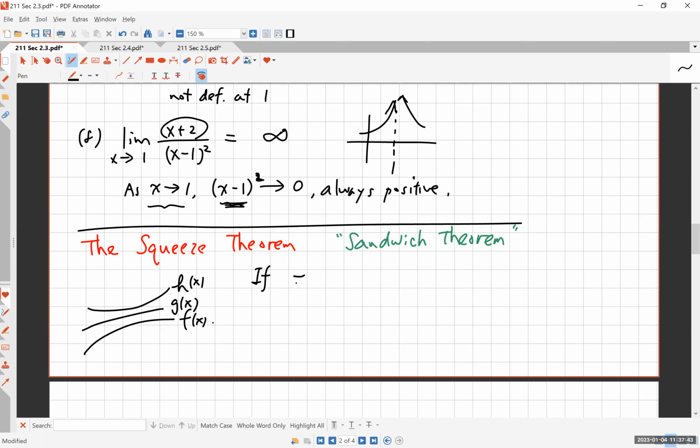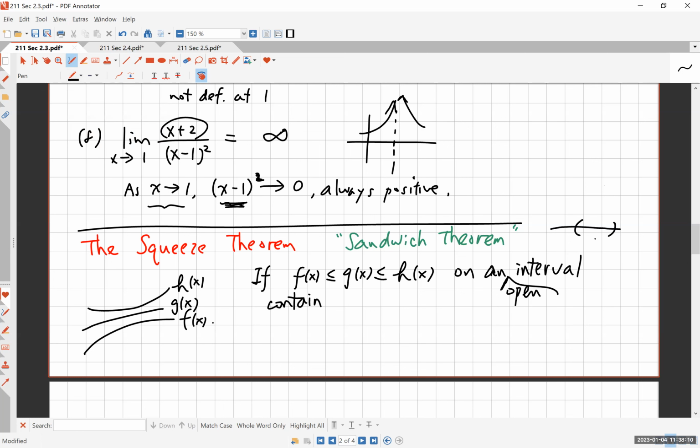If f(x) is less than or equal to g(x), which is less than or equal to h(x) on an interval containing a, I should say an open interval, just for a reason which I'm not going into yet. But it's important to have this open interval containing a.